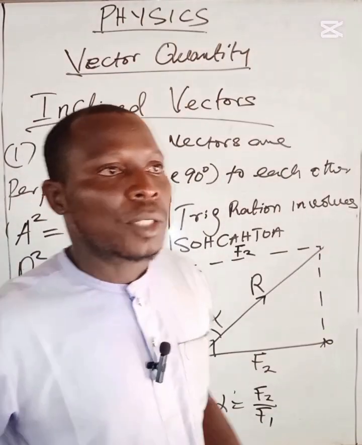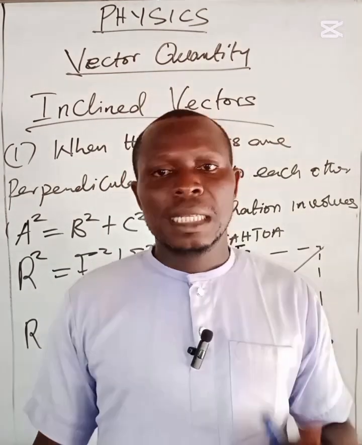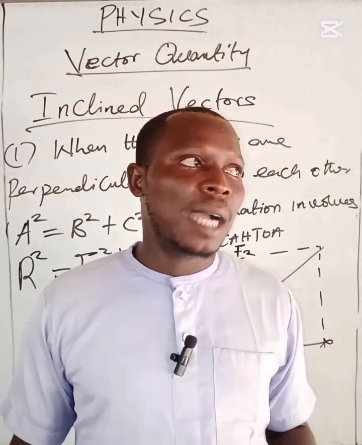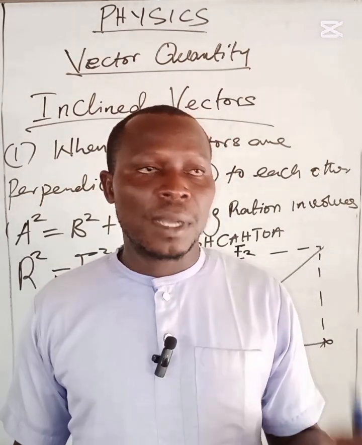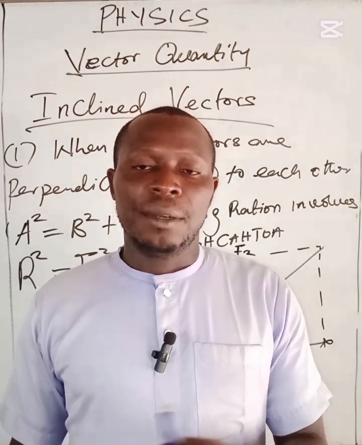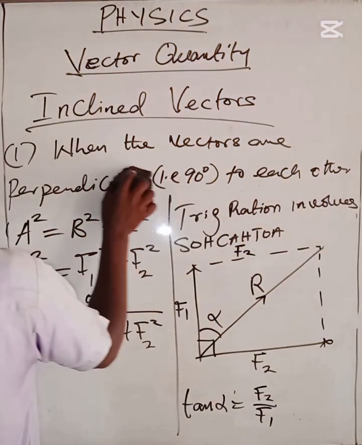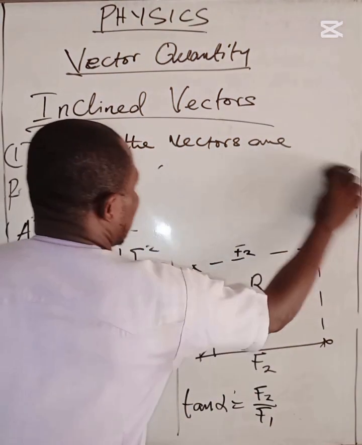Okay? So now let's look at when the vectors are inclined at angles that are less than 90 or greater than 90. Angles that are less than 90 are referred to as acute angles, while angles greater than 90 are referred to as obtuse angles. All right, so let me take one example here.